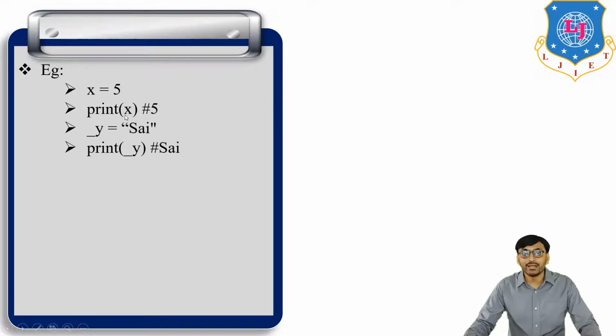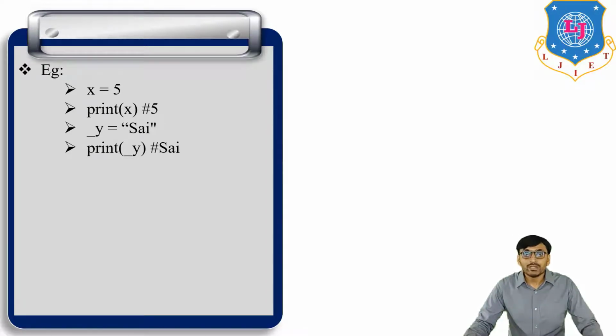So if we print x, then the output is 5. Then _y = pi. So if we print _y, then the output is pi. Remember this: a variable always starts with an alphabetic symbol or underscore.